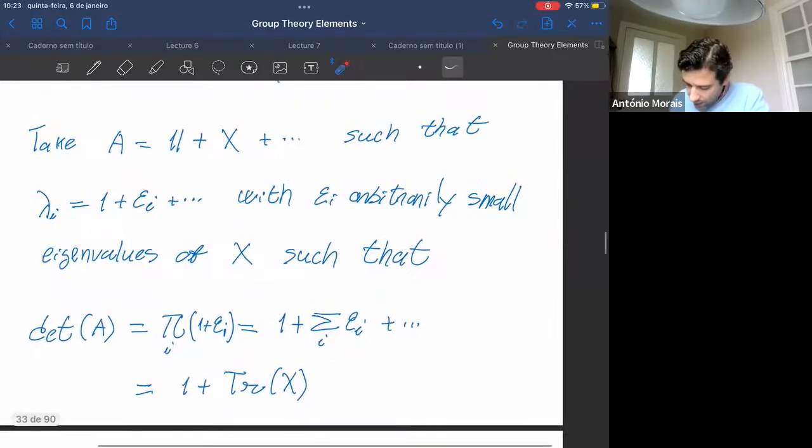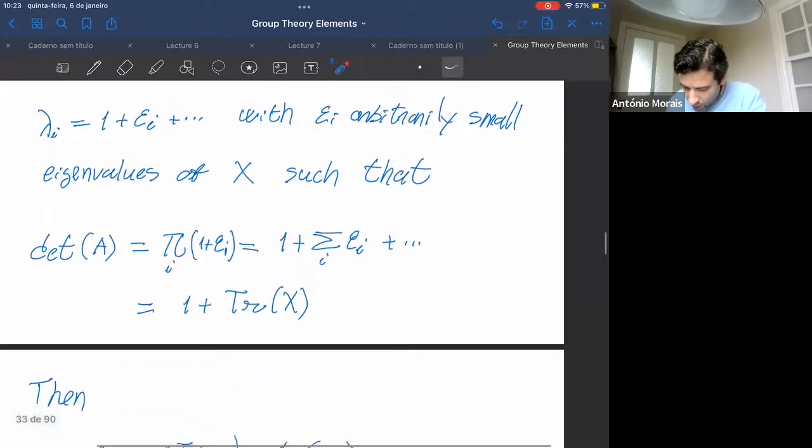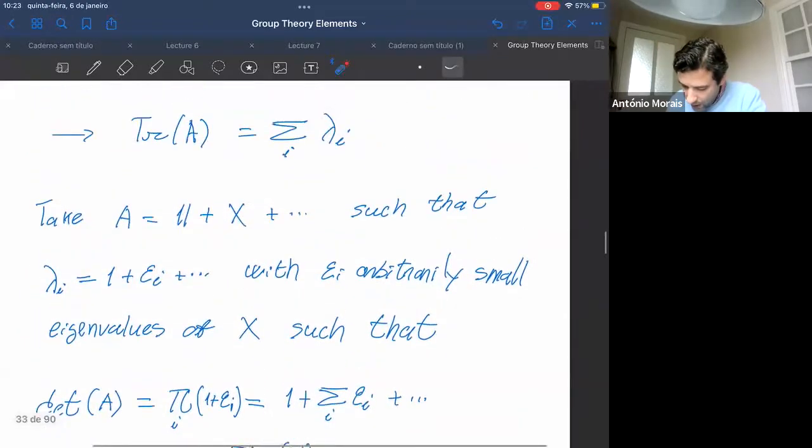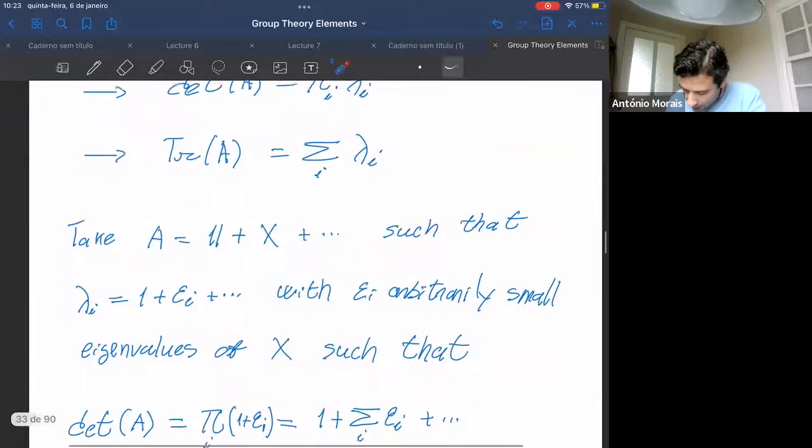And the sum of epsilon i is simply the trace of the matrix X. So we can bring it back to this result here and expand this.